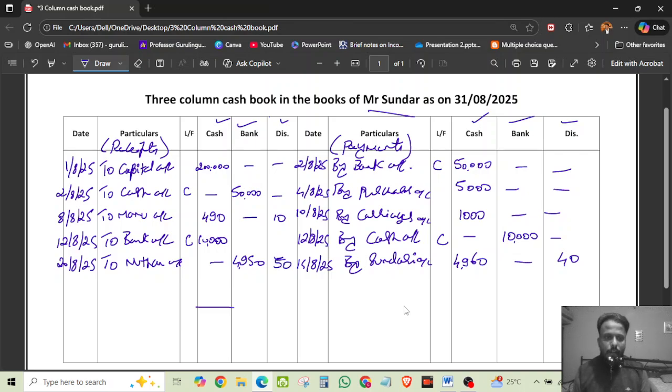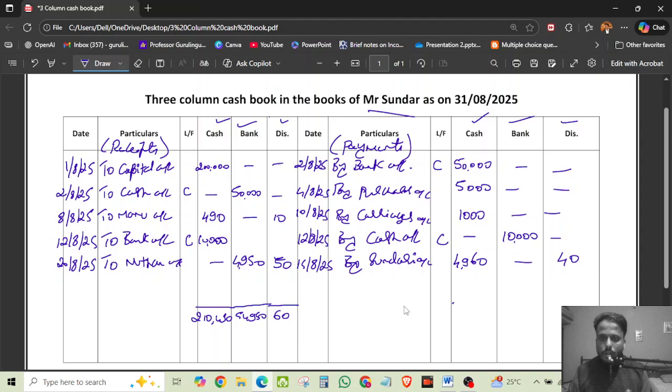Discount is rupees 50. The first column total is 2,10,490. The bank column total is 54,950. Then the total discount received and allowed is 60.